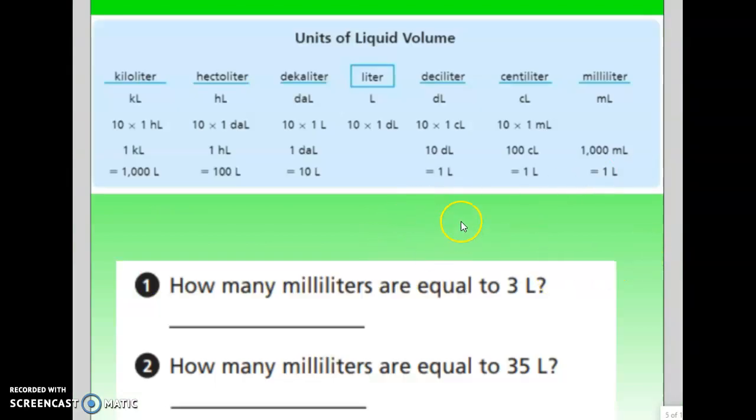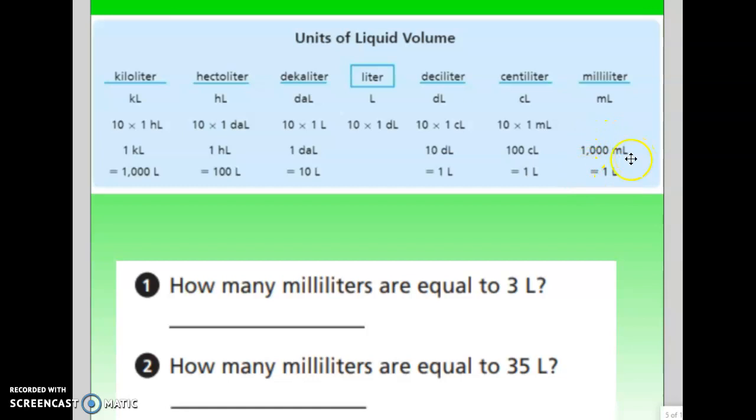All right, here's our chart again. Let's see if we can answer these. I'll give you a minute to figure this out. How many milliliters are equal to 3 liters? Well, here's 1 liter. Now imagine this is 3 liters.